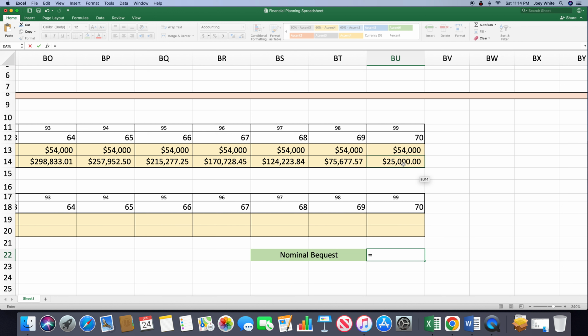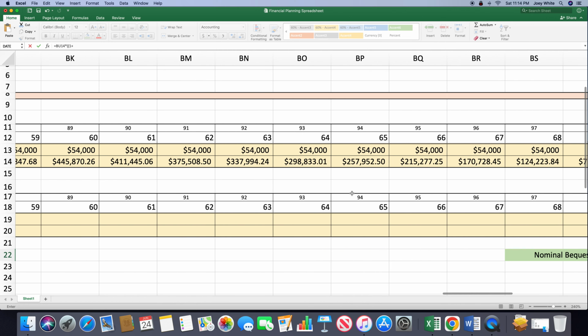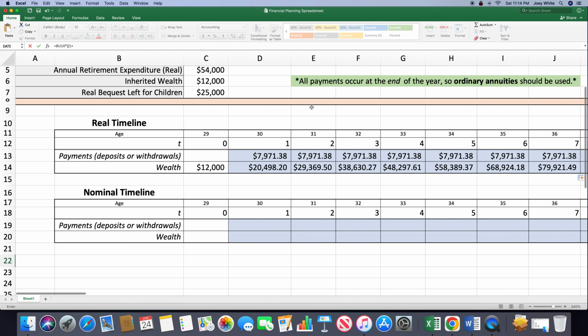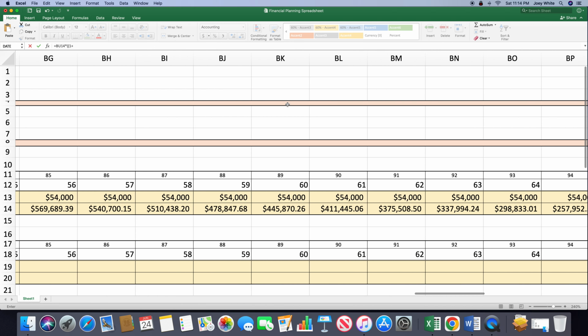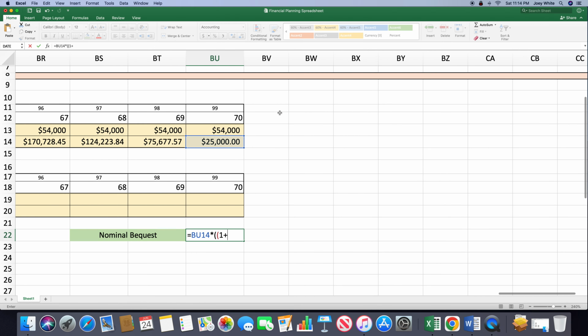So we can just take this 25,000 times open parentheses 1 plus the inflation rate, which is cell C2. All right, C2, close parentheses, raise it to the 70th power.